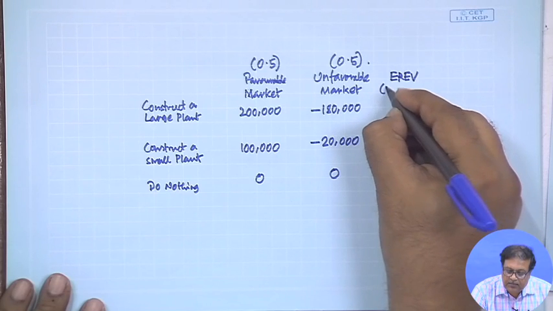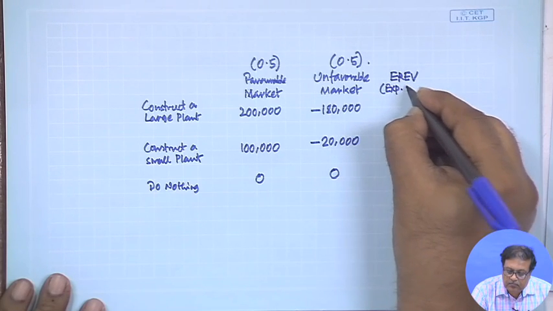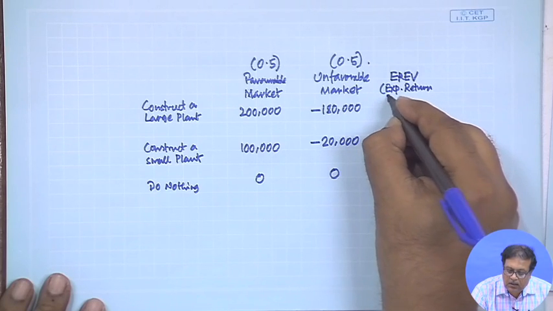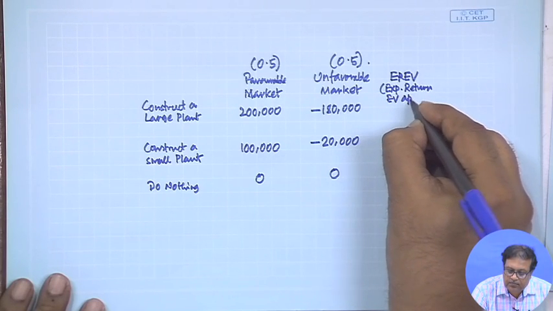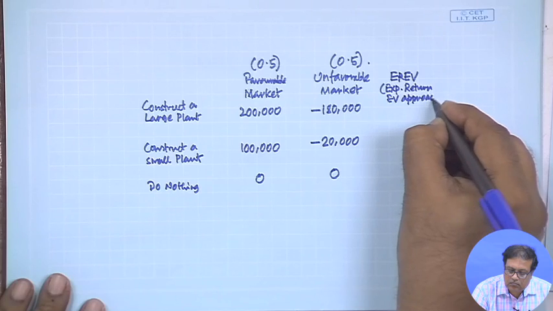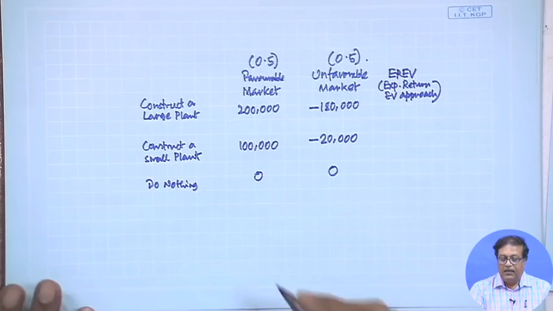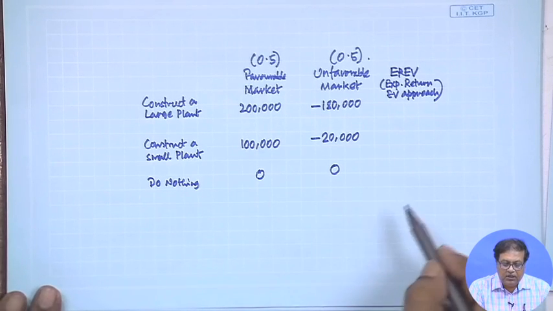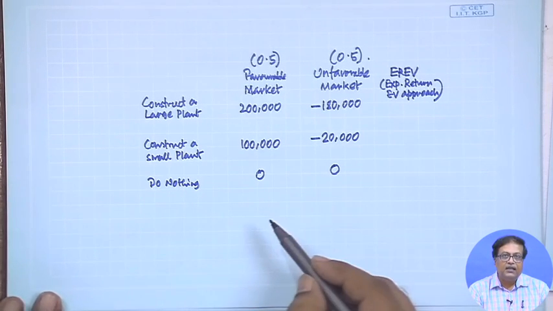That is expected return with the expected value approach. For the expected return with the expected value approach, what is the return that we are expecting?